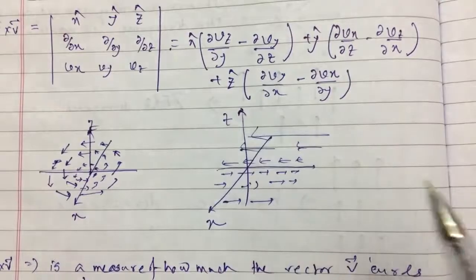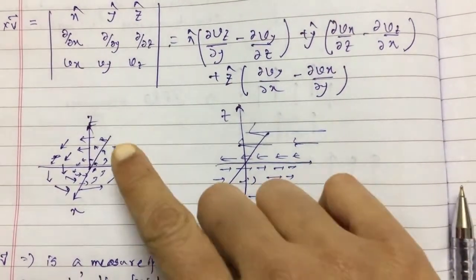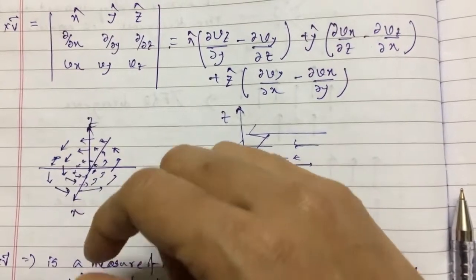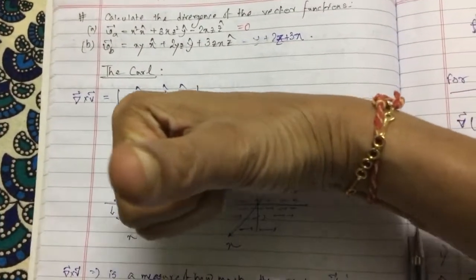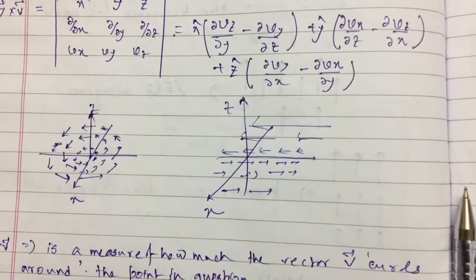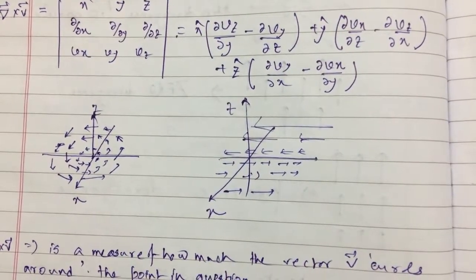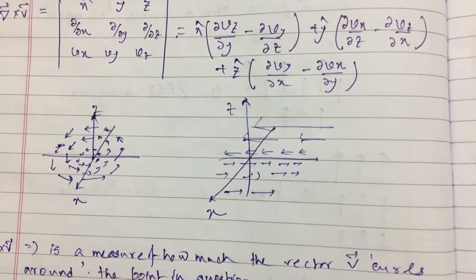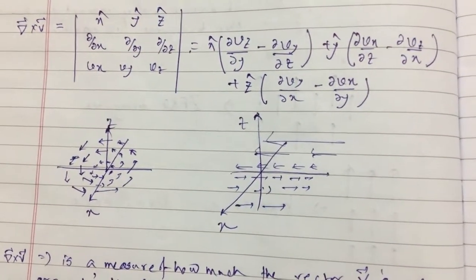So we need to define the direction of the vector quantity. If we think about anti-clockwise direction, according to the thumb rule, if we rotate our hand like this, the thumb pointing upward out of the page will be the direction of the curl of that particular vector. I mean that will be the direction of the curl itself.